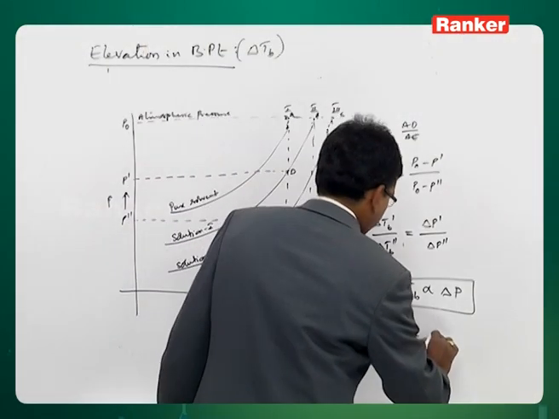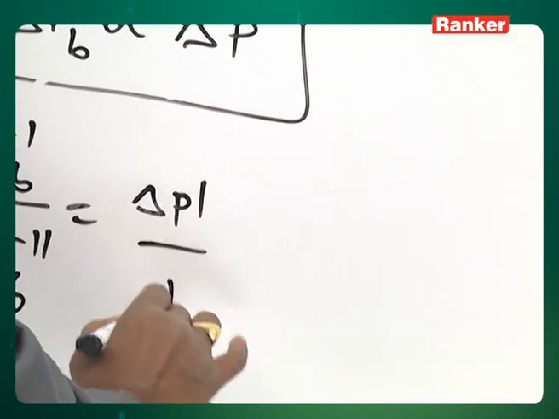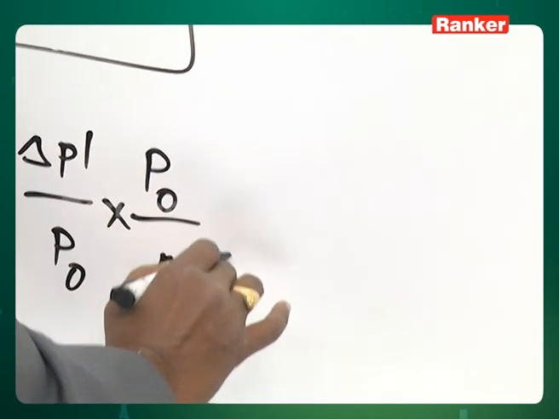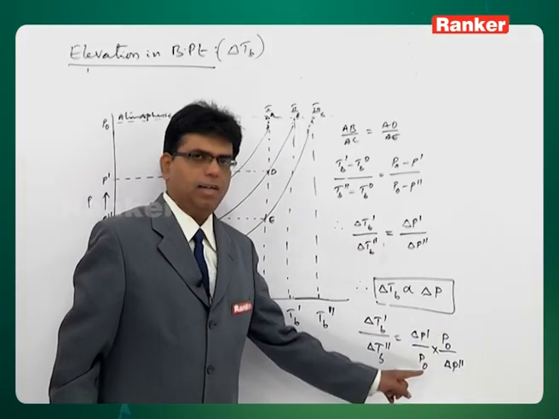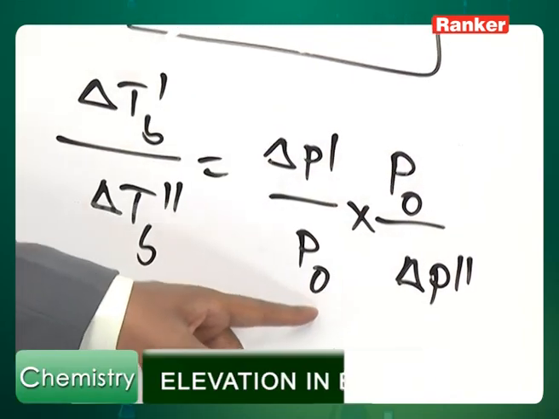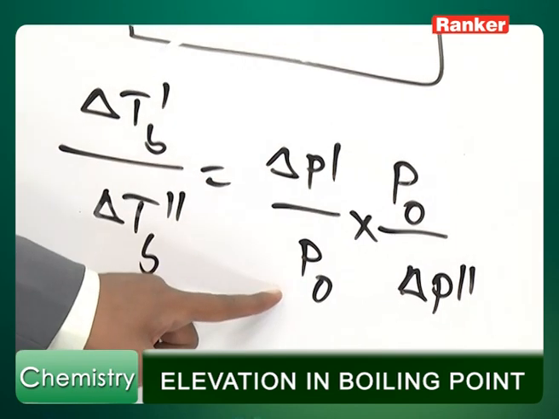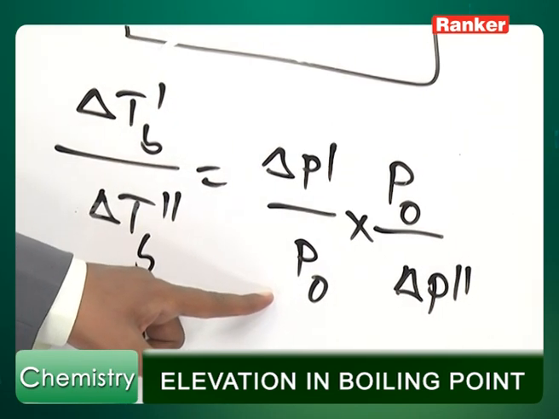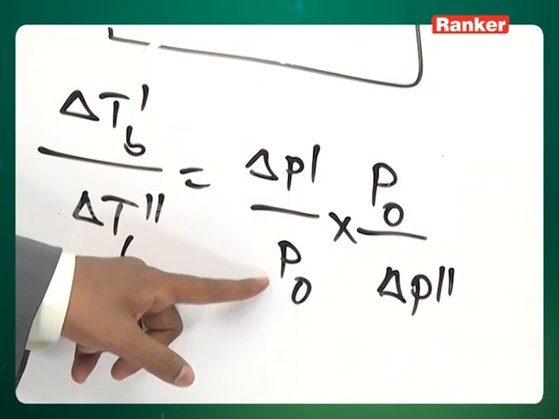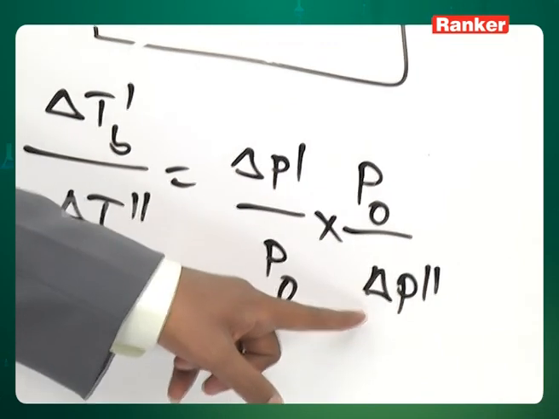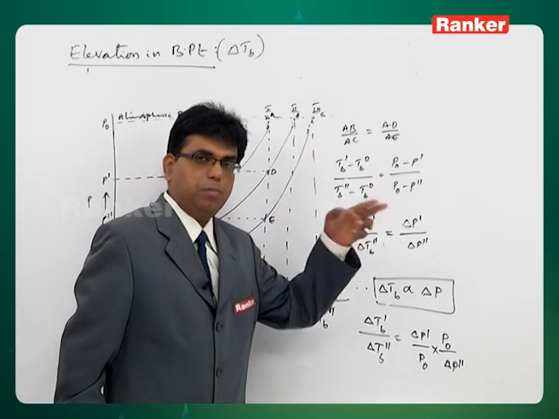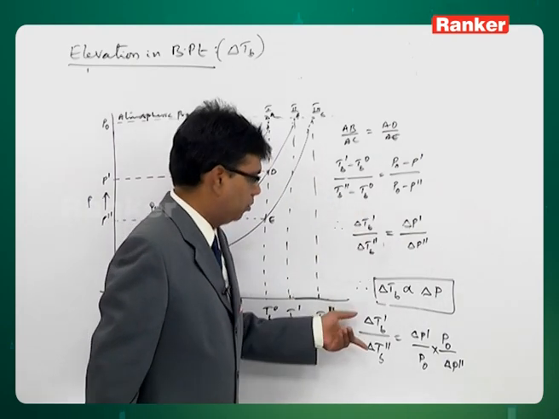This I will write as delta P dash by P naught into P naught by delta P double dash. It is like multiplying and dividing with the same quantity, that is P naught by P naught, right? Now delta P dash by P naught is nothing but relative lowering of vapor pressure of solution, which is equal to mole fraction. Similarly, P naught by delta P double dash is nothing but inverse of relative lowering of vapor pressure of solution 2, right?